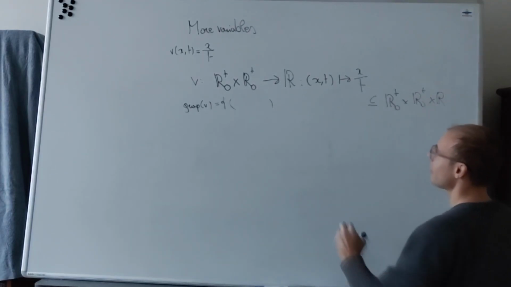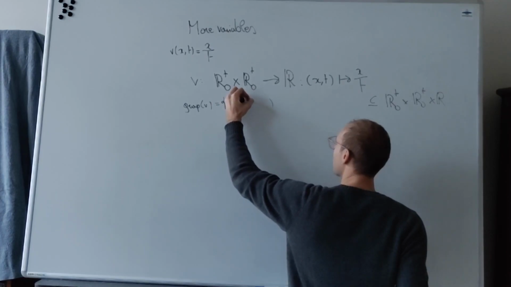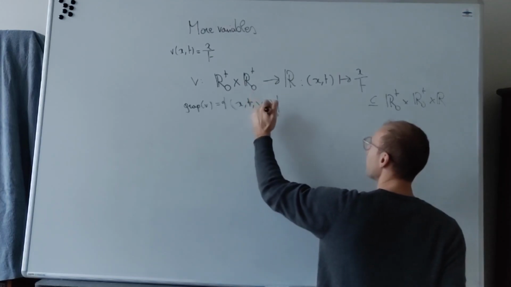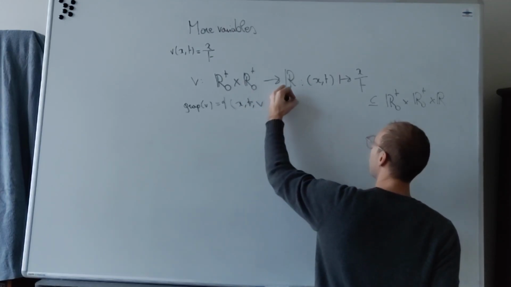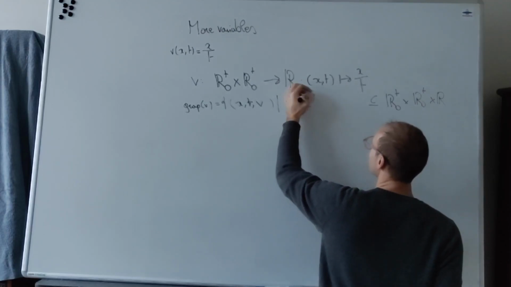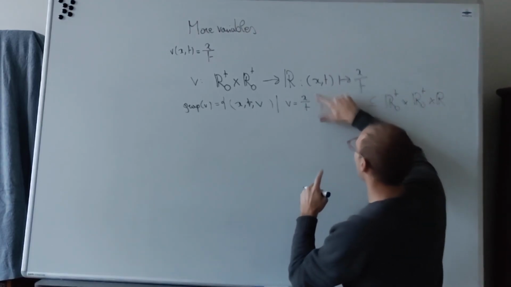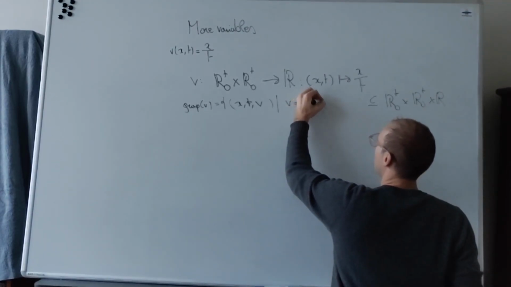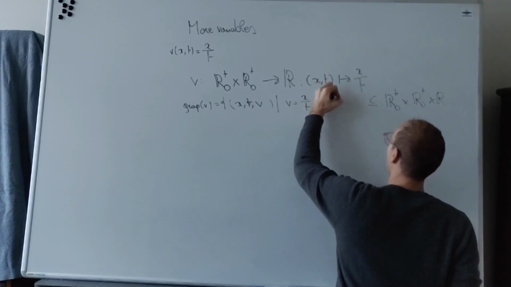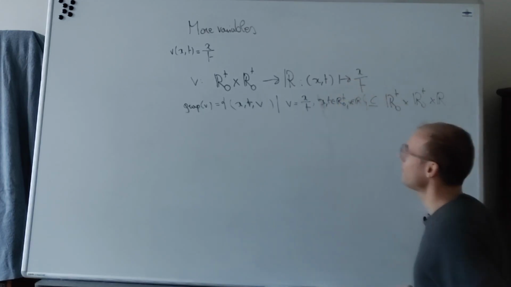The elements are of the form (x, t, v), a three-tuple for which it holds that v equals x over t. And of course, you have to say x and t are strictly positive, and v is a real number.